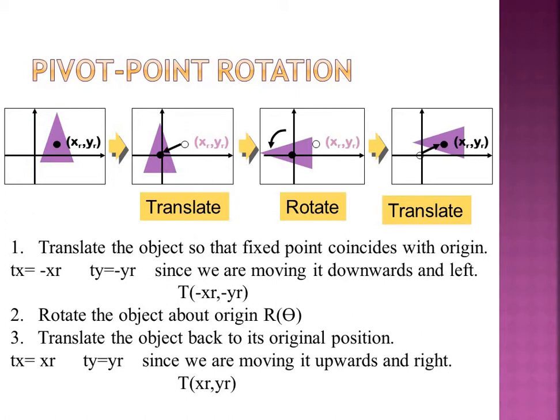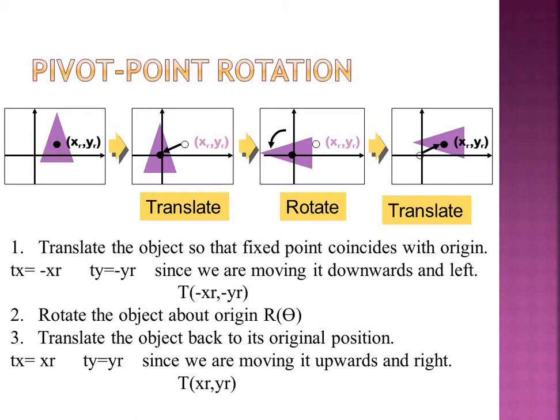First of all, we will translate the object so that the fixed point coincides with the origin. In this example a triangle is given and (Xr, Yr) is the fixed point about which we have to perform the rotation. This point is inside the triangle; it can be outside the triangle also. First we will translate this point (Xr, Yr) towards the origin so that it coincides with the origin.